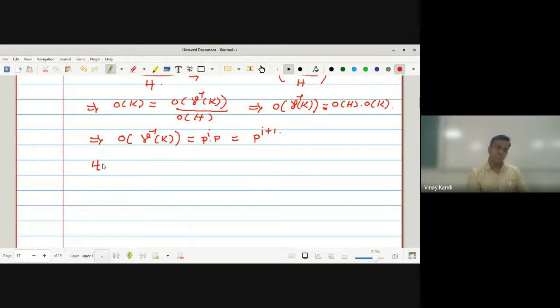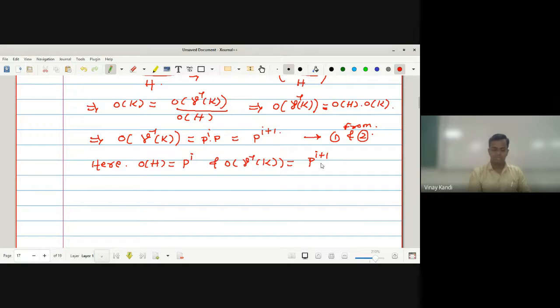Okay, here we get order of H is equal to P raised to I, and order of gamma inverse of K is equal to P raised to I plus 1. Okay, here the reason is given from 1 and 2. Here we have then order of H is equal to P raised to I, and order of gamma inverse of K is equal to P raised to I plus 1.